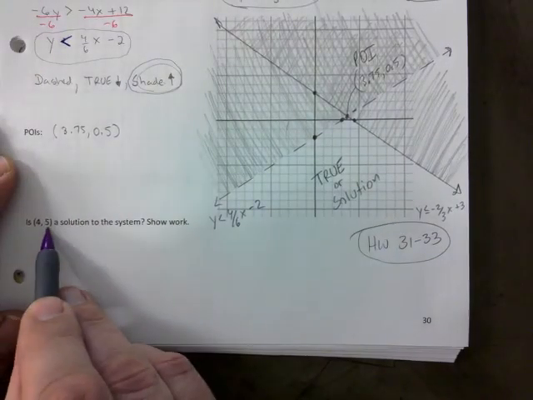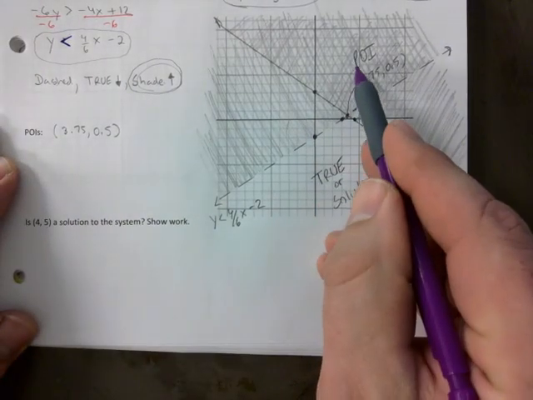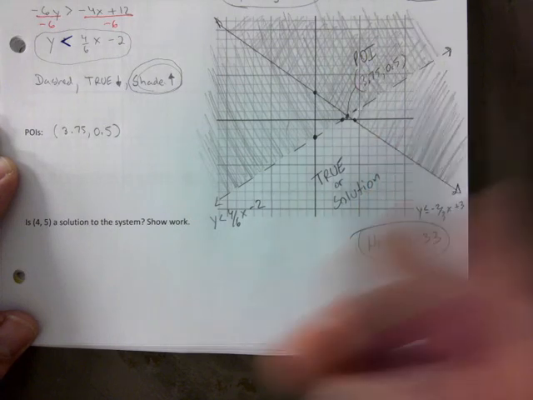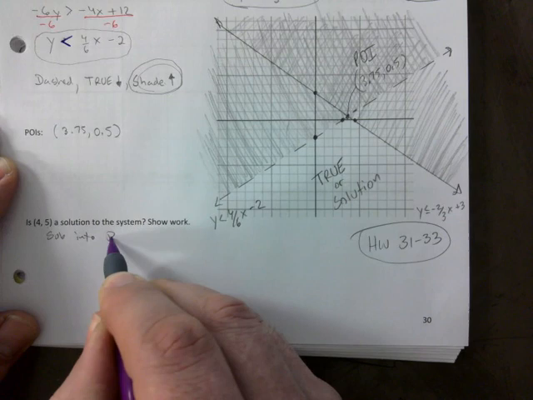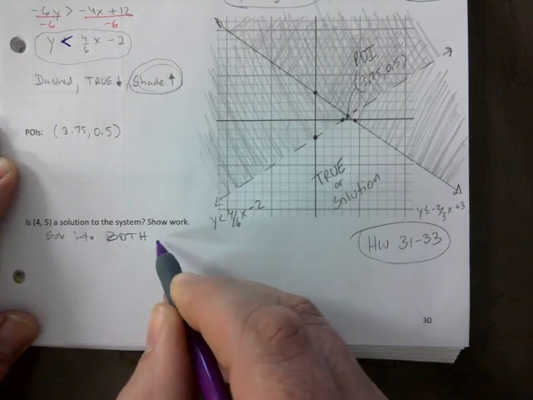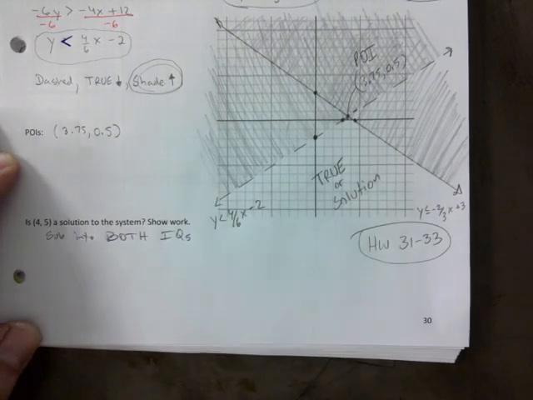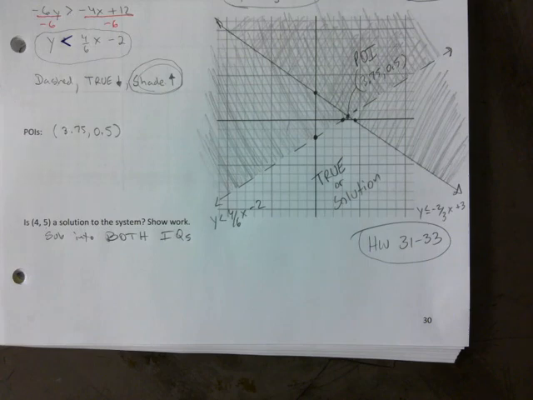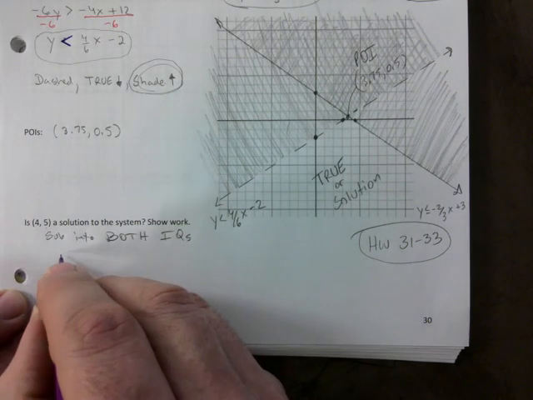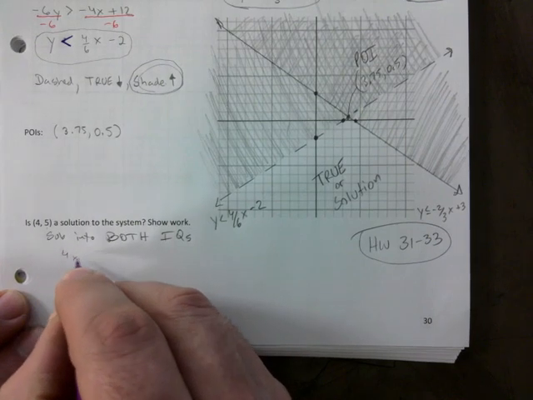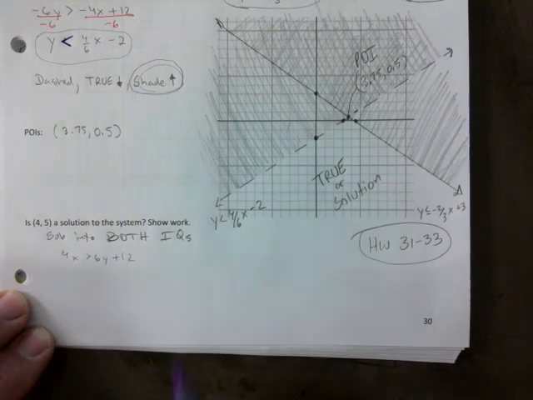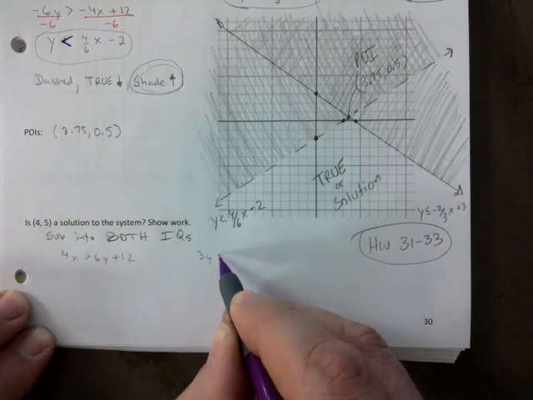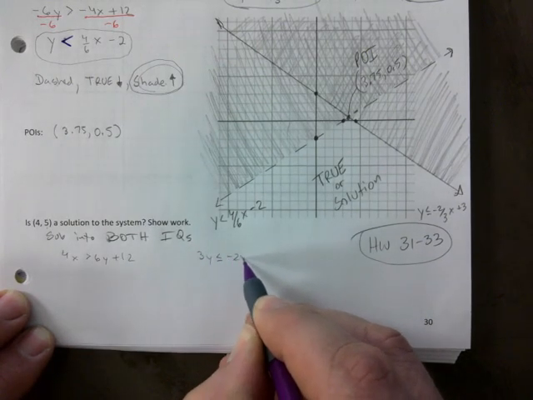4, 5, is that a solution? 4, 5, it's not going to be. But substitute into both inequalities. If there's 3, you have to plug them into all 3 if I ask you to show work. So I'm going to grab that and just go 4x is greater than 6y plus 12. That's the first one. And the next one is 3y is less than negative 2x plus 9.